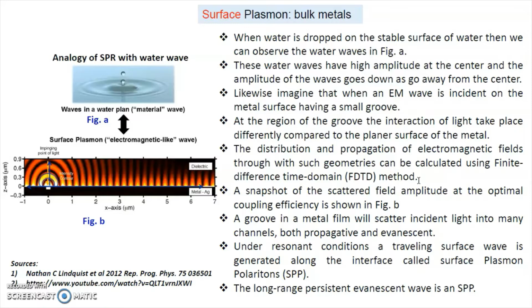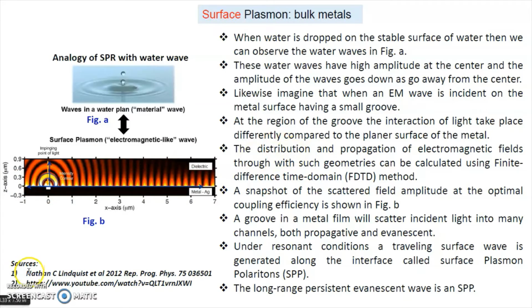Just to understand how the electric field lines are generated if we incident a light on a metal having a small groove, that is shown in figure B. To understand this, we can use a particular type of calculation called the finite difference time domain calculation, and these calculations provide you how the distribution and propagation of the electromagnetic field takes place on such geometries. Such geometry means this type of groove.